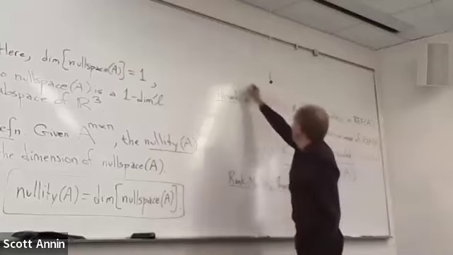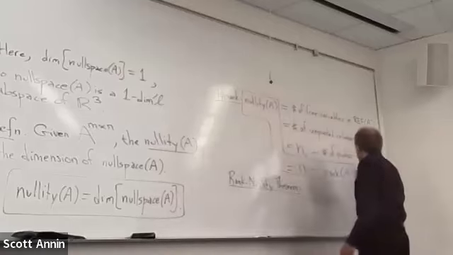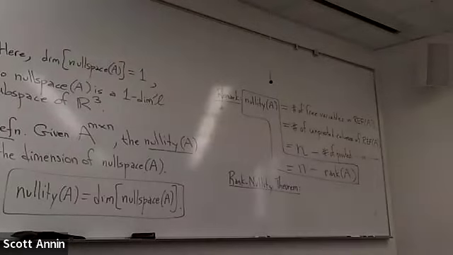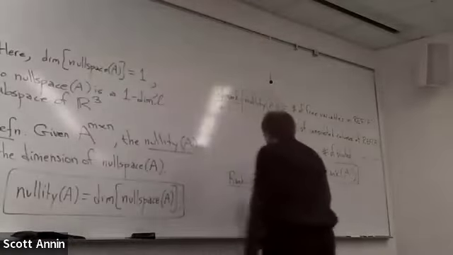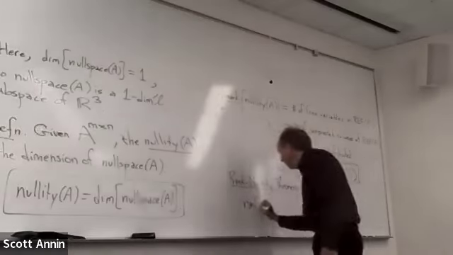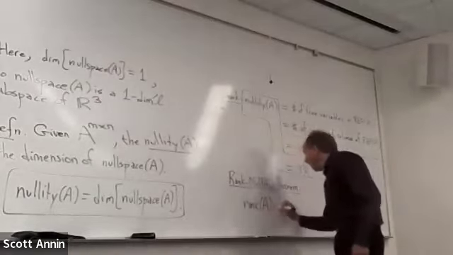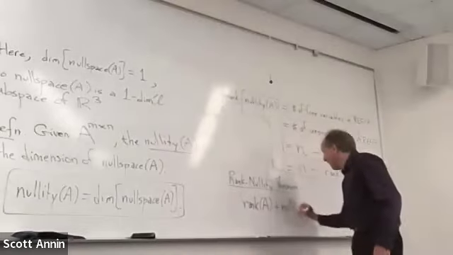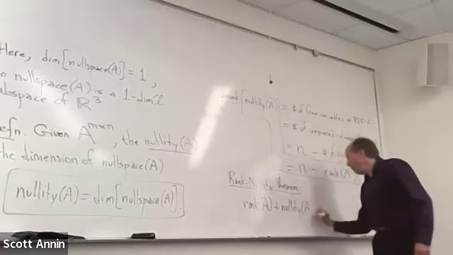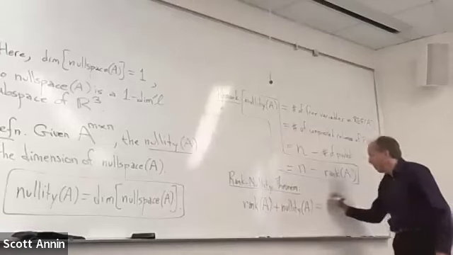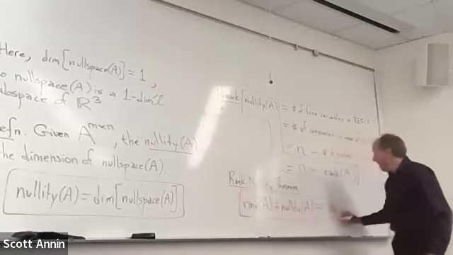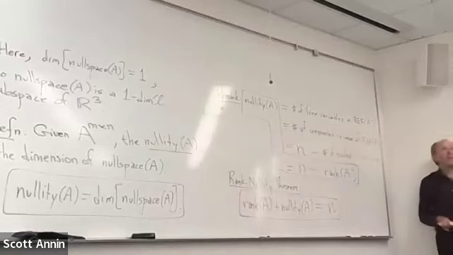Take a look. There is a relationship between the rank and the nullity of any matrix. And here it is, my friends. The rank of A plus the nullity of A. If you add those numbers together, you get n. You get n.